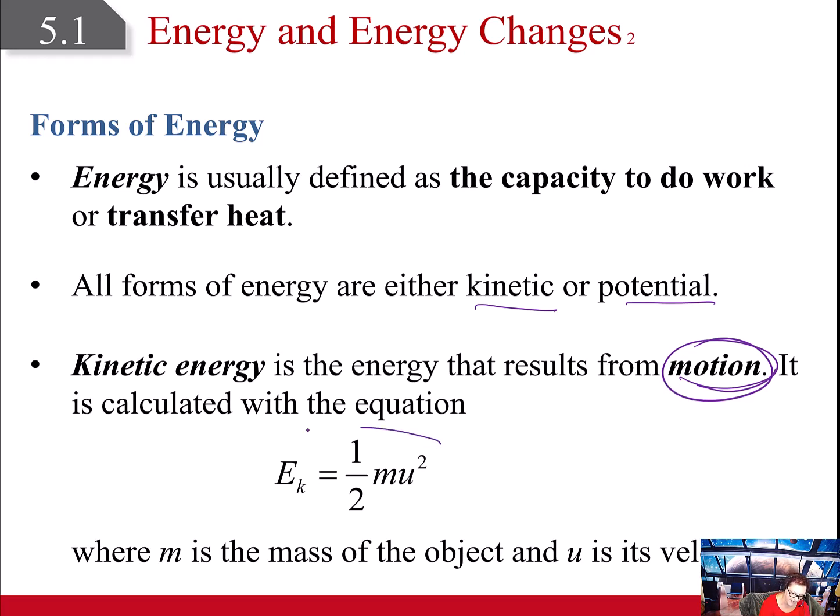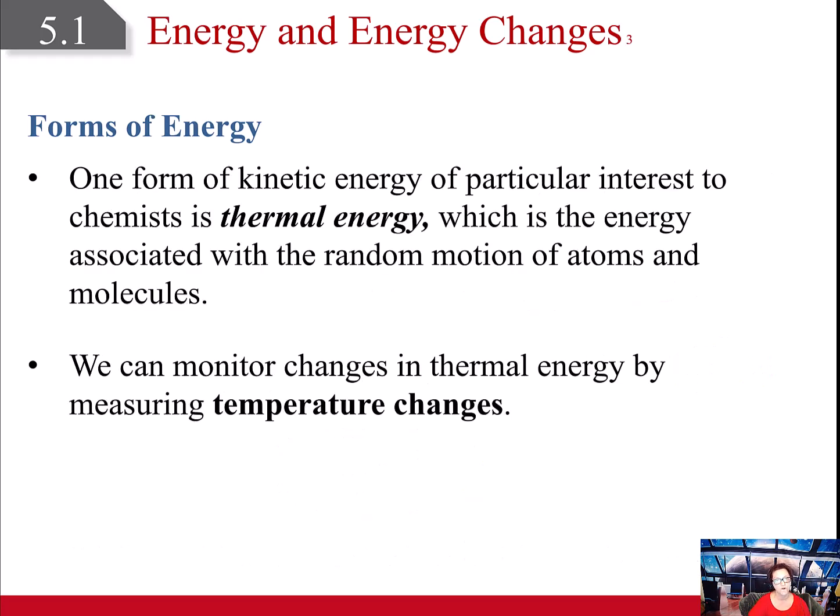And so you can do calculations. We're not going to do calculations with kinetic energy, but it is based on mass and velocity, so because it's moving, the speed is something that we do look at when we're checking those. One form of kinetic energy that we are going to be looking at in this chapter is thermal energy. Okay, and thermal energy is the energy that's associated with random motion.